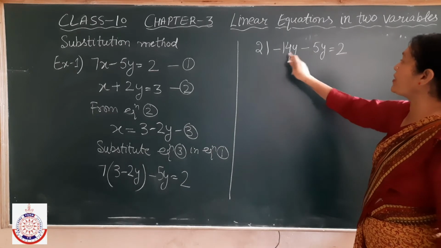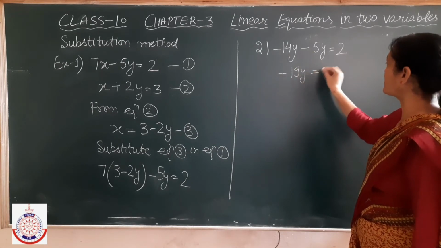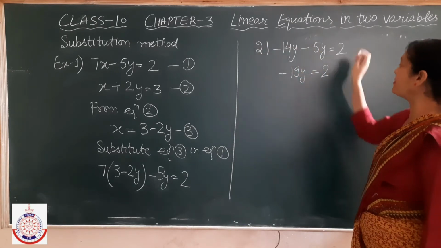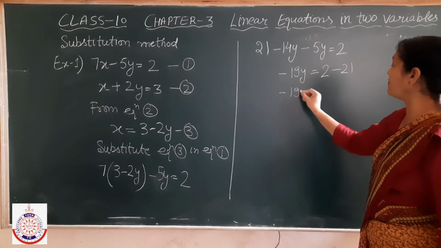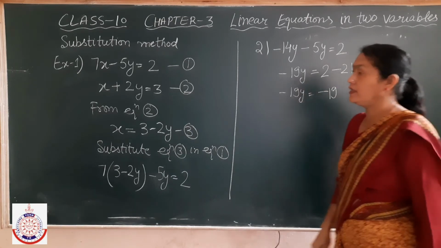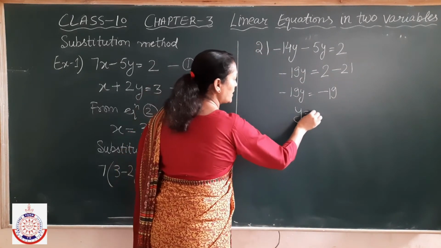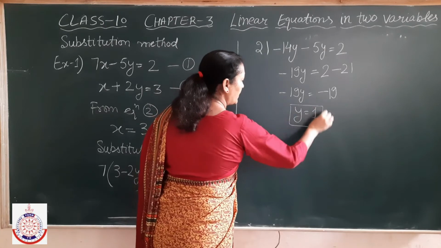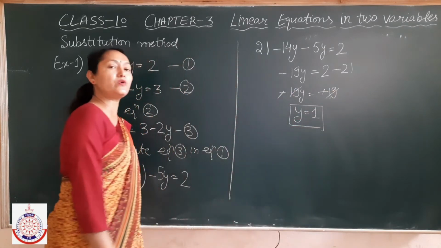Minus 14 and minus 5 gives minus 19y equals 2. This 21 will be shifted to the other side, so minus 19y equals minus 19. Minus and 19 both get cancelled, so we get y equals 1.